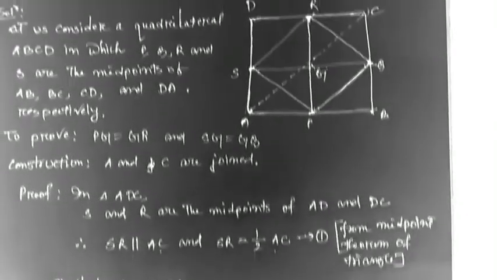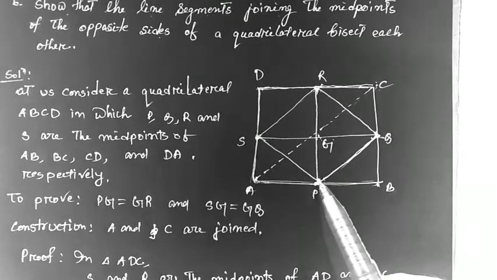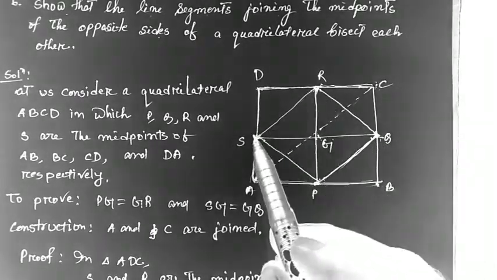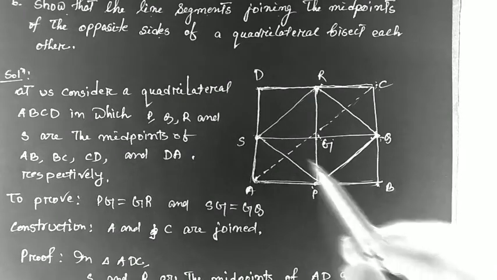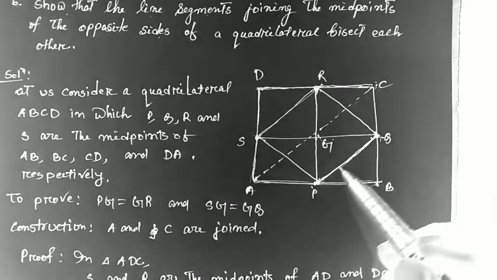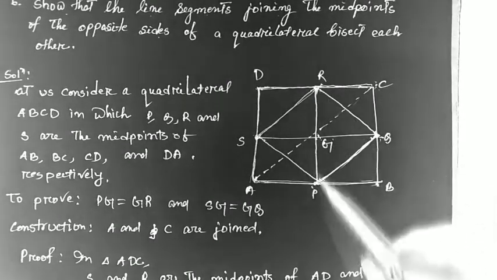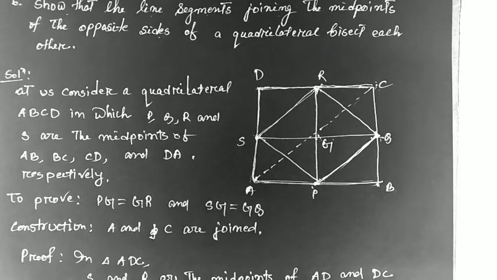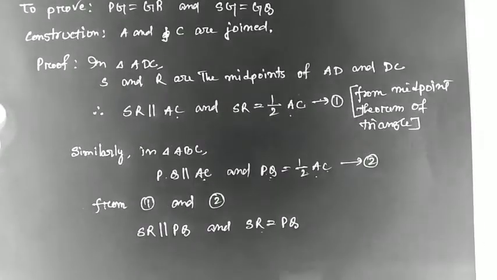Now see, in quadrilateral PQRS, SR and PQ are parallel, and SR and PQ are also equal. We have proved it: SR is parallel to PQ and SR is equal to PQ.